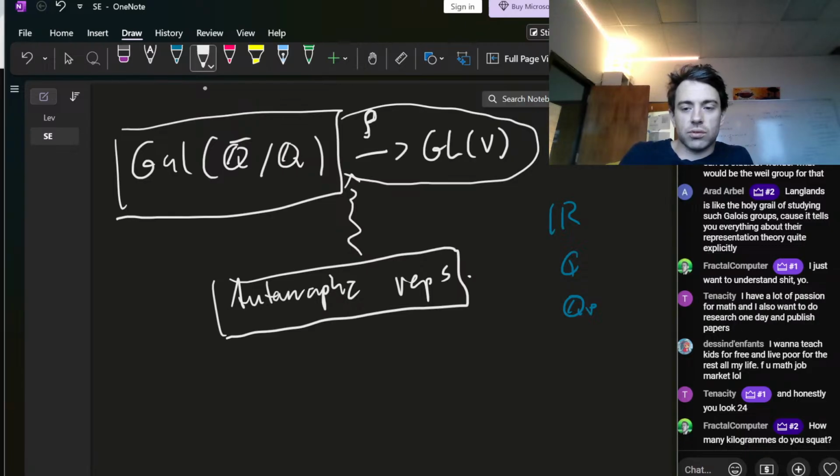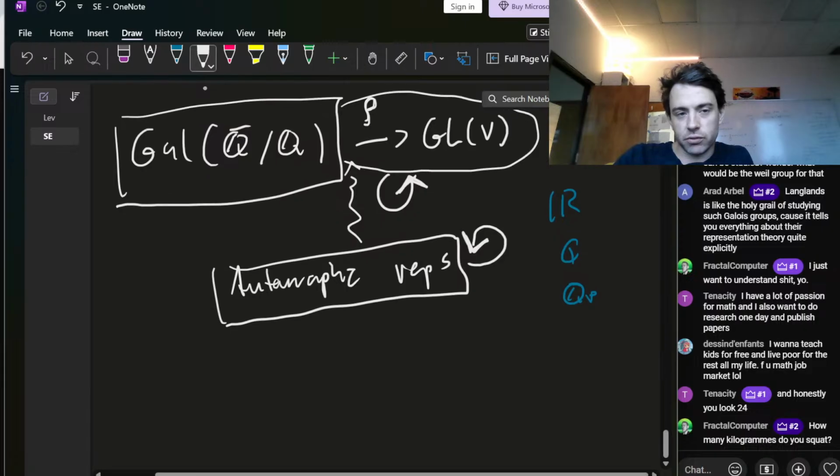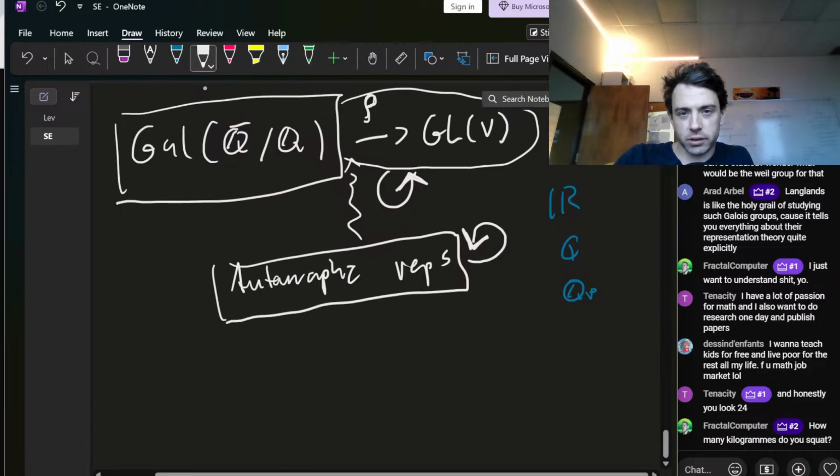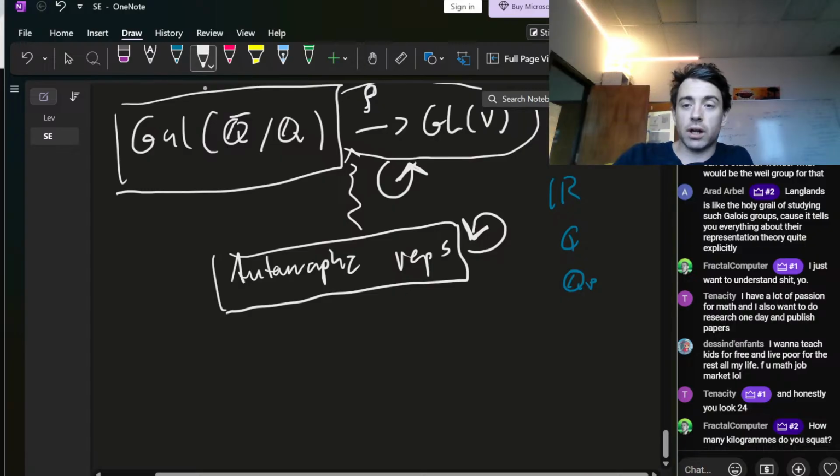The correspondences that exist should allow us to perform operations on automorphic representations, which gives us corresponding operations here, and we should be able to push information back and forth across this correspondence. So that's a good question. What would be the V group for that?